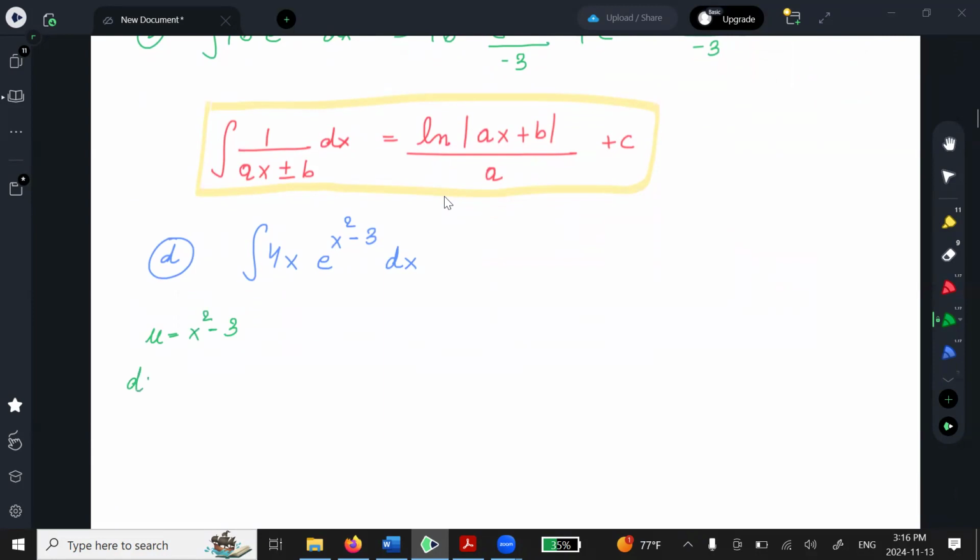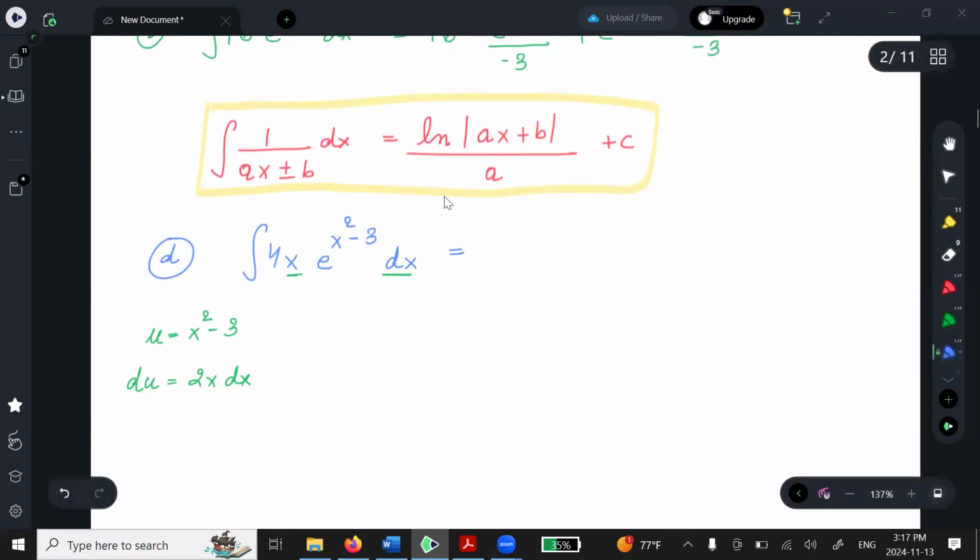Differentiate. du is 2x dx. I do have to balance the integral though. So I have x, I have dx, I have a 4. But I don't need to multiply it by 2, right? Look, I can do it like this.